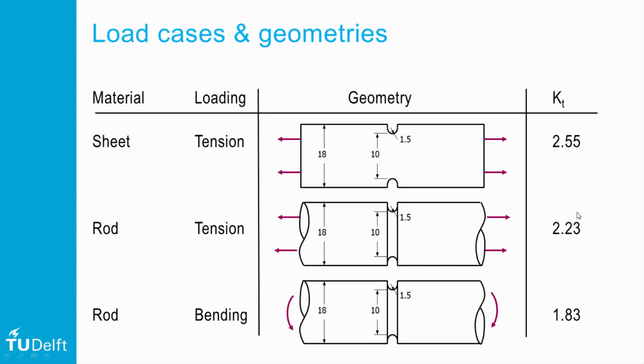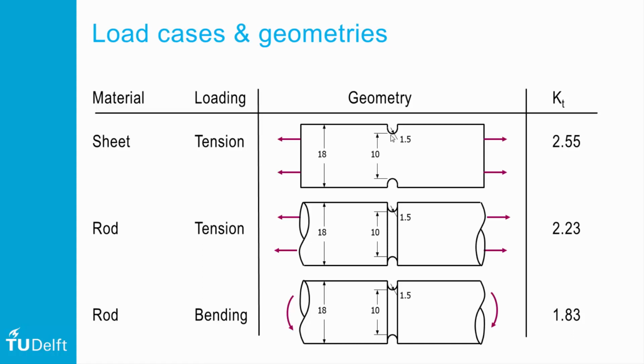If I take now the same rod and instead of tension I apply bending, the stress concentration goes down further. How does that work? I don't change the geometry, but I change the sheet to a rod. I change the stress concentration factor. And if I change tension to bending on the rod, I further change the stress concentration factor.